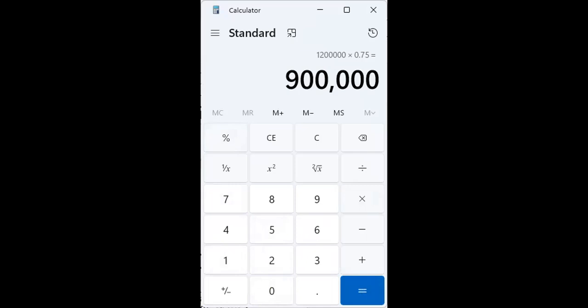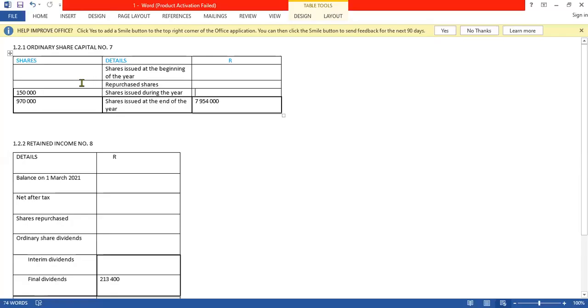Meaning, at the beginning of the year, they issued 900,000 shares. So this 900,000 shares is what we're going to record here on this column, shares issued at the beginning of the year.